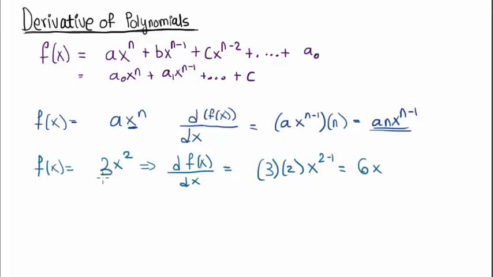But what happens now? What do you think happens if I have some function like f of x is equal to 3x squared plus something like 10x? How do I figure out the derivative of this whole function? The thing is, we go term by term.